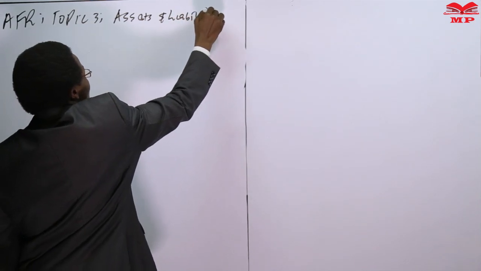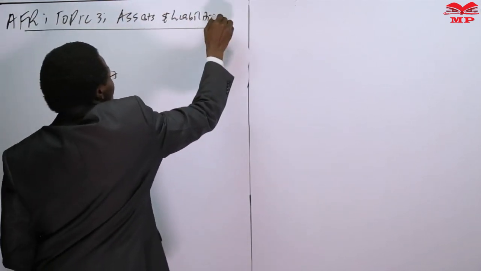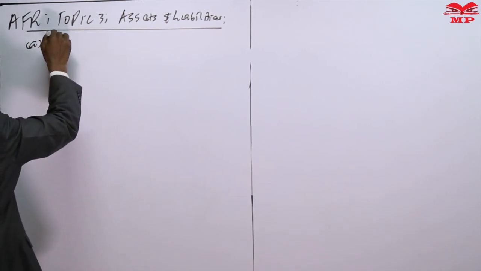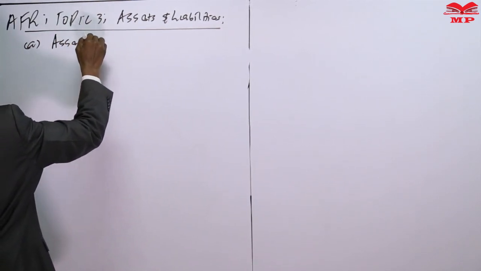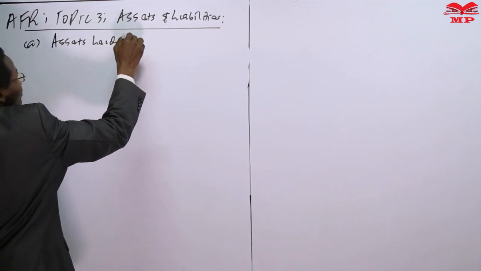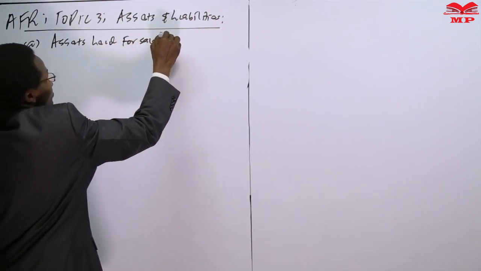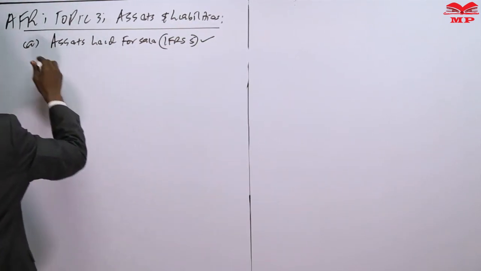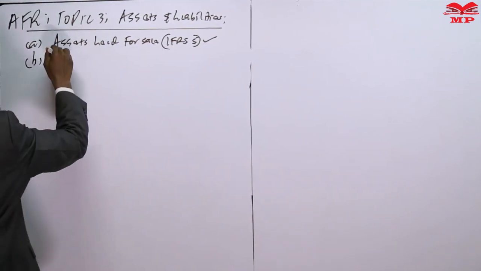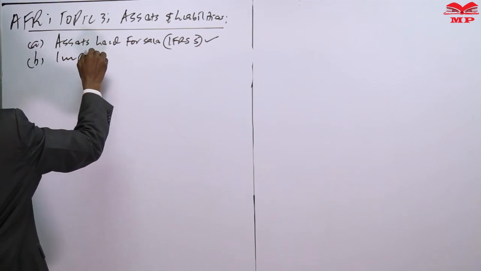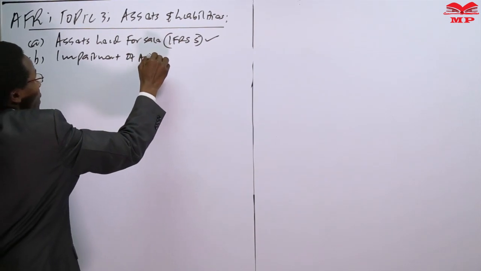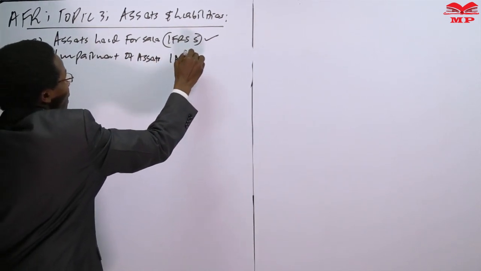Assets and liabilities. Now, remember, we have been doing in the previous sessions, we started with the assets held for sale, that is IFRS 5, and this we have already done it, remember. And B, we talked about impairment of assets. Don't forget, friends, we have done this, IAS 36.